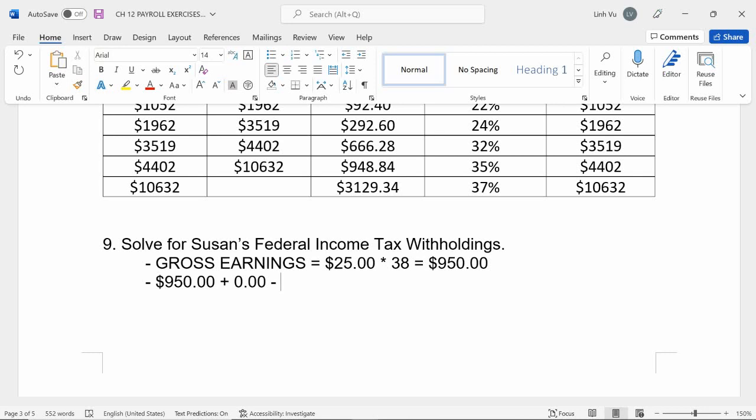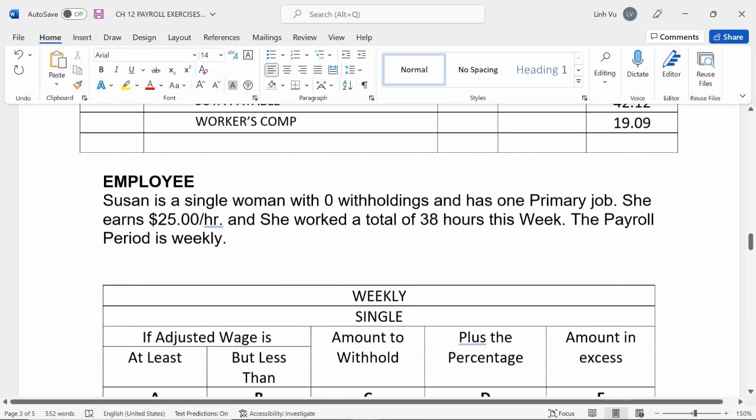So the second portion is deductions. So did she claim any extra deductions?